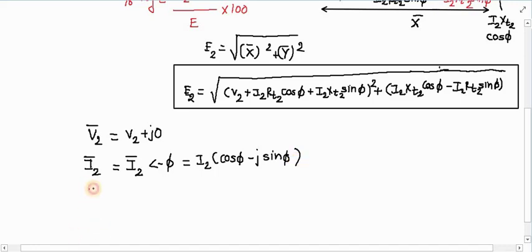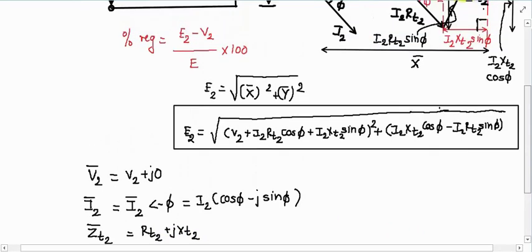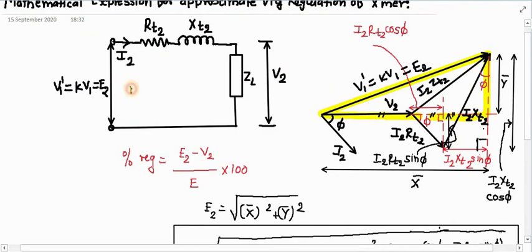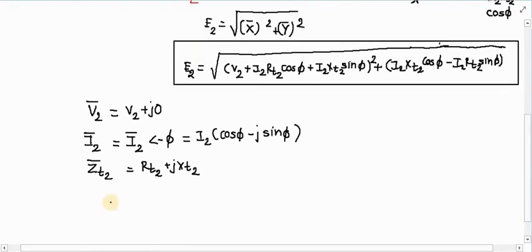Now, what is your ZT2? ZT2 is nothing but RT2 plus j XT2. So what is your E2 from this? From this I can write E2 equals V2 plus I2 ZT2. So just put the values of all these quantities. So again I will write that equation.